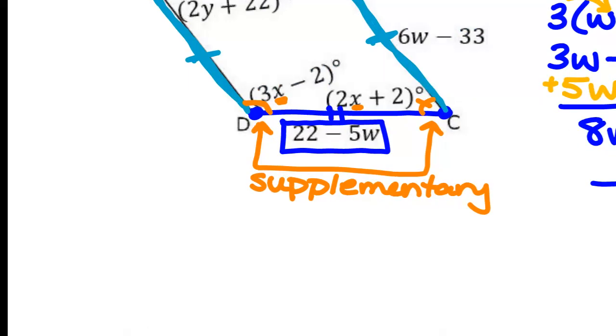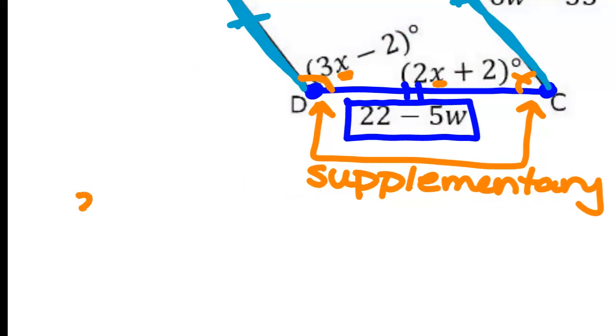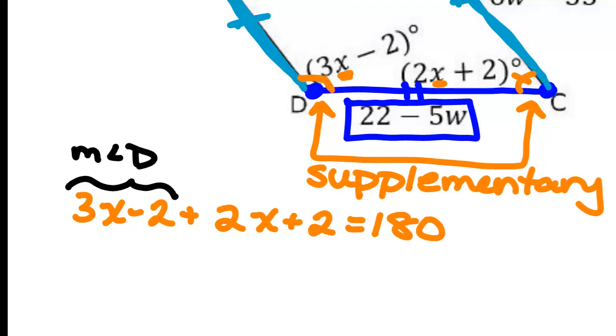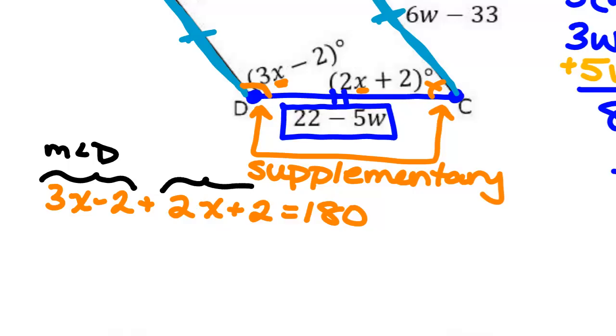So that means 3x minus 2 plus 2x plus 2 equals 180. Because this is the measure of angle D, and this is the measure of angle C.